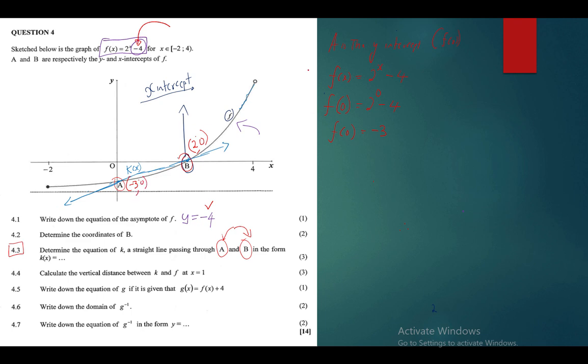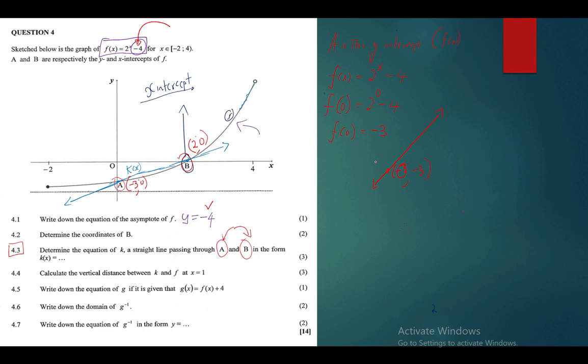So the straight line K, let me just create a straight line here. The straight line K passes through A, where the coordinates are, we said, 0 and negative 3. You need to be careful of this kind of mistake, guys. It is x which is 0, y is negative 3. Remember, this is the y-intercept.